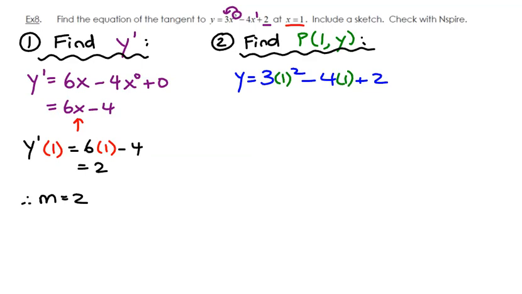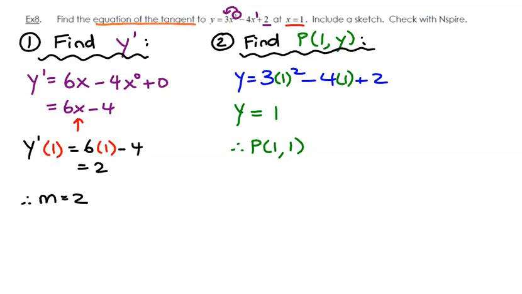Okay, so you're going to get some sort of a point at 1 and 1. Now with all this information, you can then find the equation of the tangent.